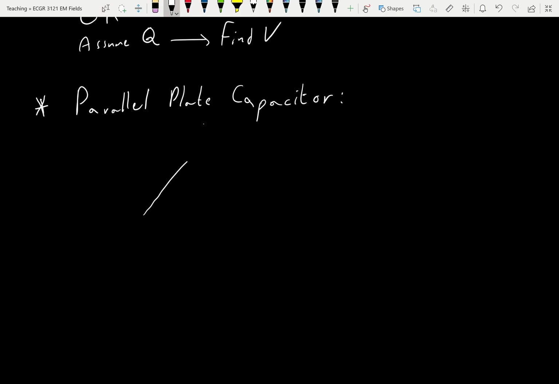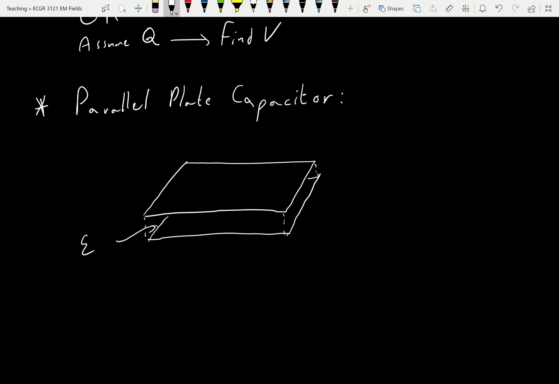So we have an upper plate, and then we have a lower plate. Let me draw the lower plate. There could be some material in between the plates, epsilon, or there could be air, or epsilon naught.